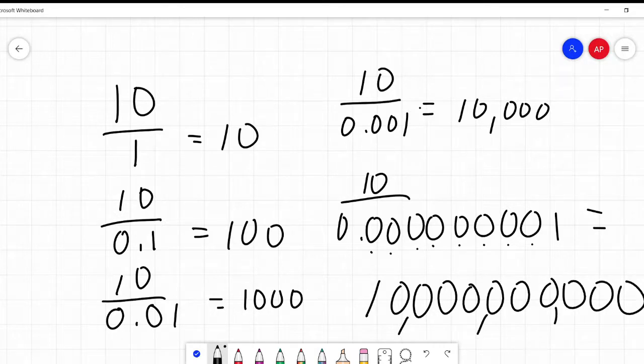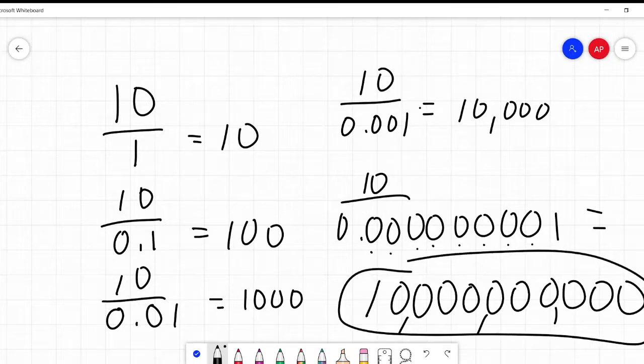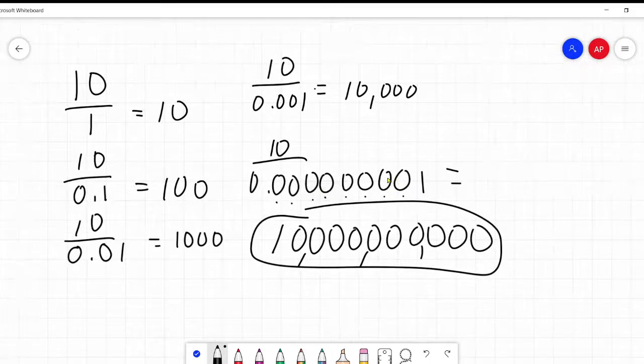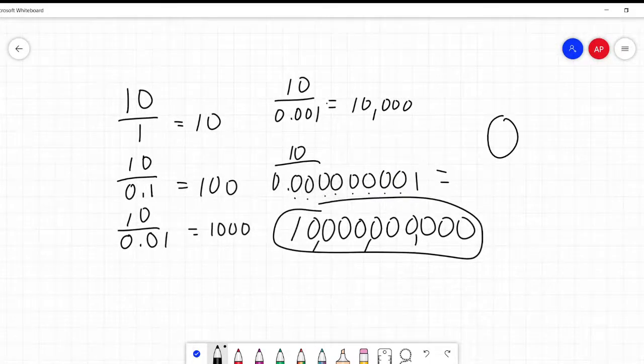Okay, up to 10 billion. As we're getting smaller and smaller and getting closer and closer to 0, this number is getting huge. It's getting massive. So from that perspective, you might say, well, if I try to divide by 0, it would be something. Would it be infinity? What would that be? So it just doesn't work from that perspective either.